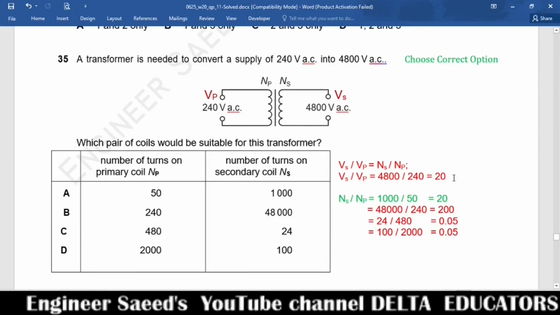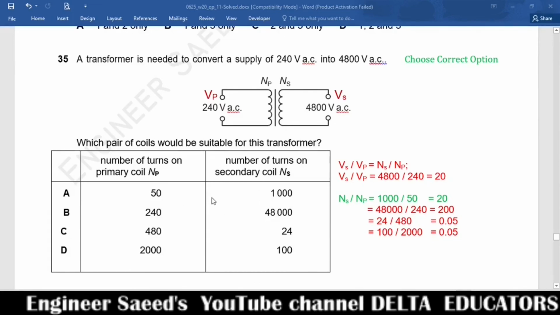And this ratio 20 should be equal to the ratio of number of turns on the secondary side divided by number of turns on the primary side. So here we have to calculate the value of Ns over Np, and find out where the value is equal to 20.